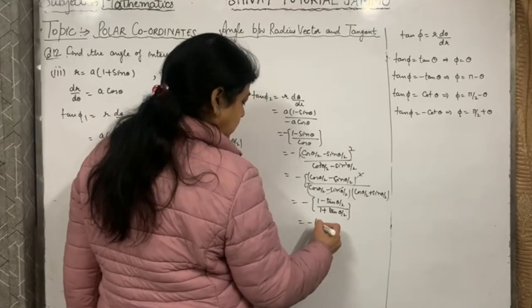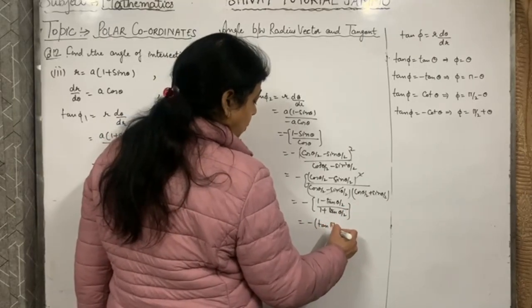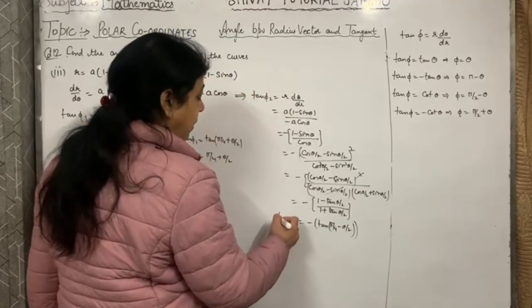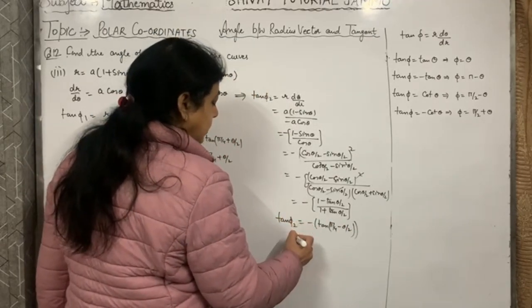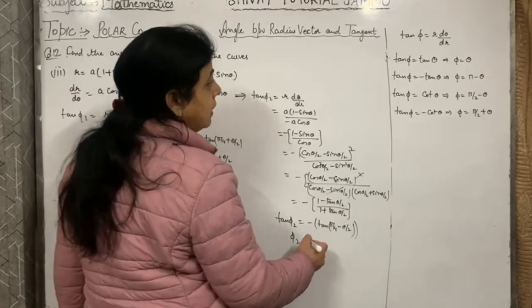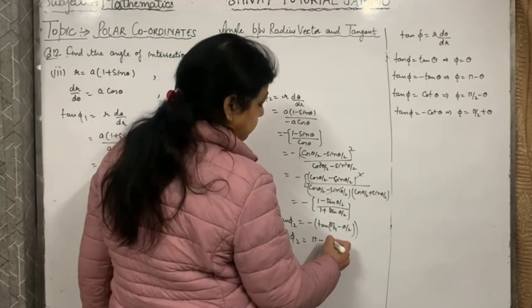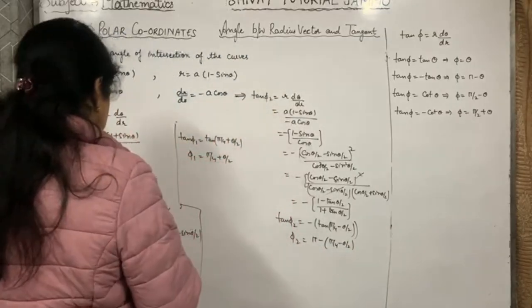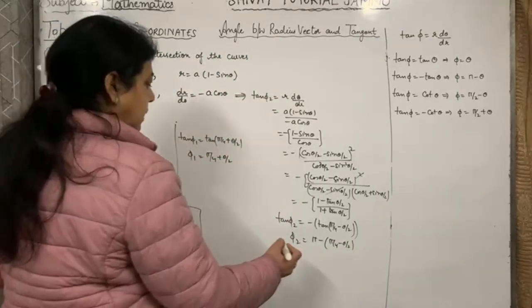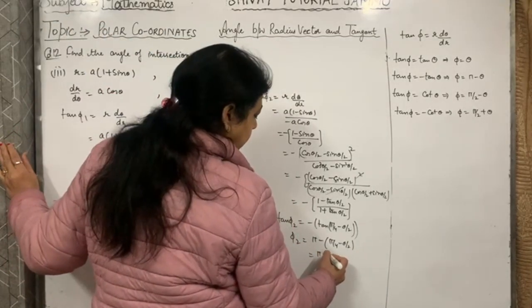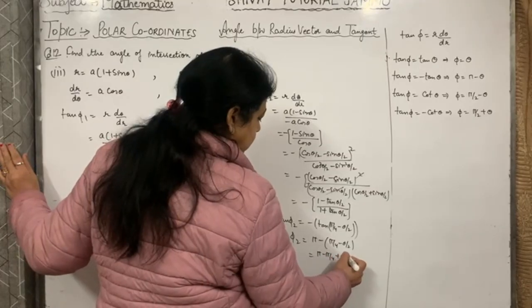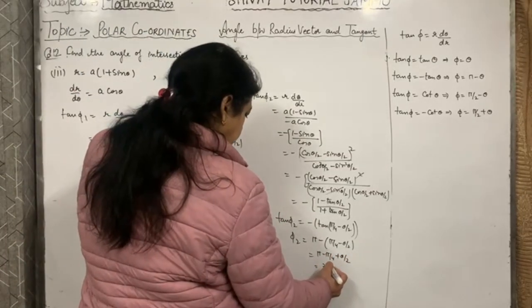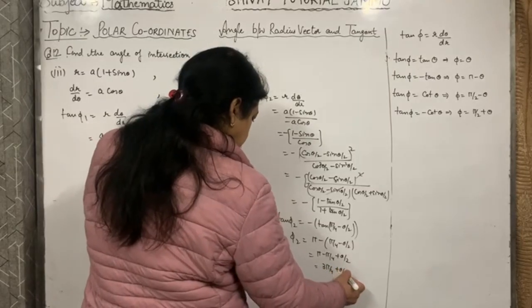This will be minus tan (pi/4 - theta/2), that is tan phi 2. So phi 2 will be pi minus (pi/4 - theta/2). This is pi minus pi/4 plus theta/2. Clear? And we will get 3 pi/4 + theta/2.